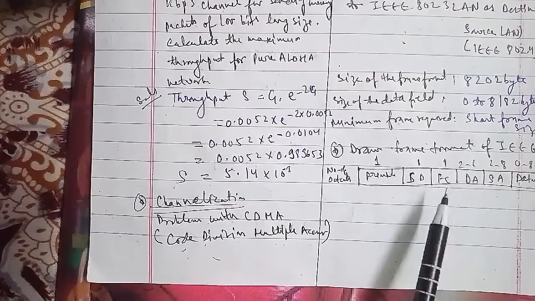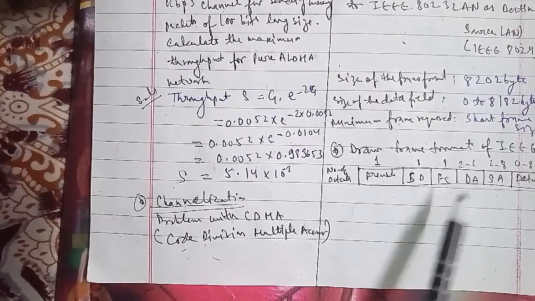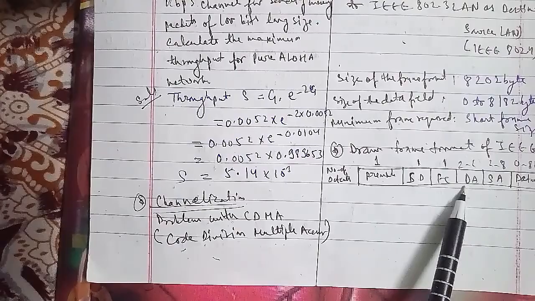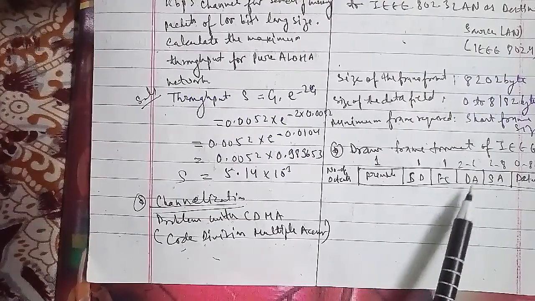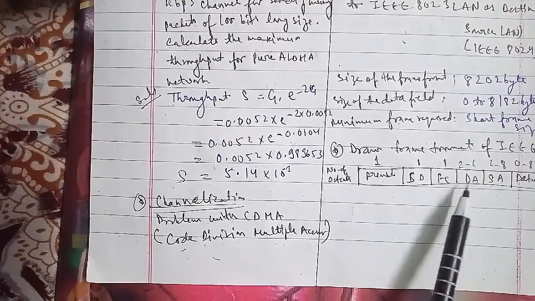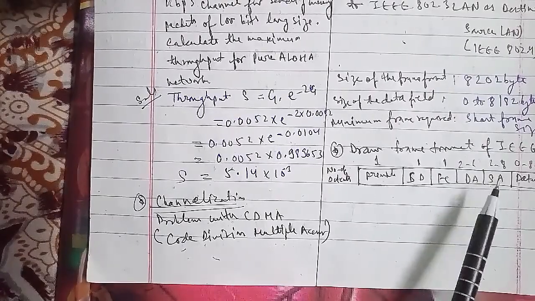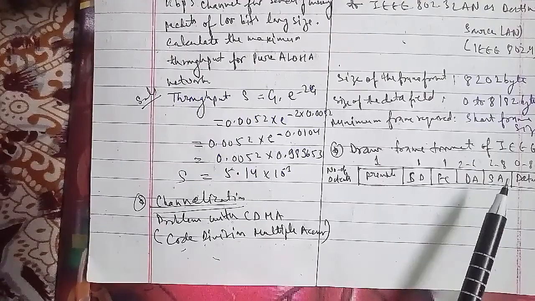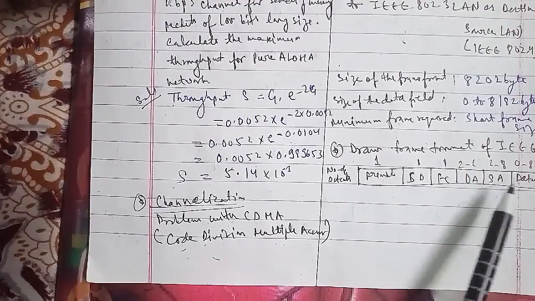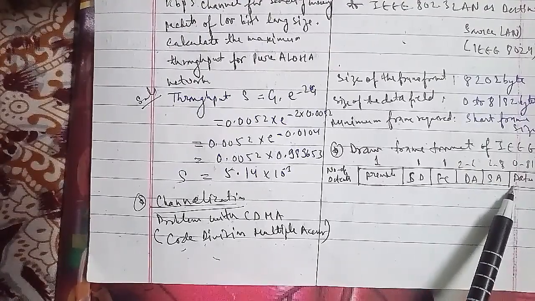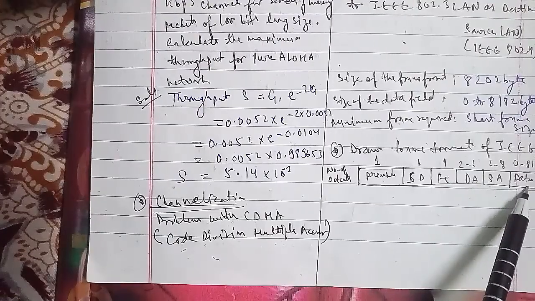fields: SD, AC, FC, and DA. For the token frame it is SD, AC, ED. This is 1 byte each. Okay.